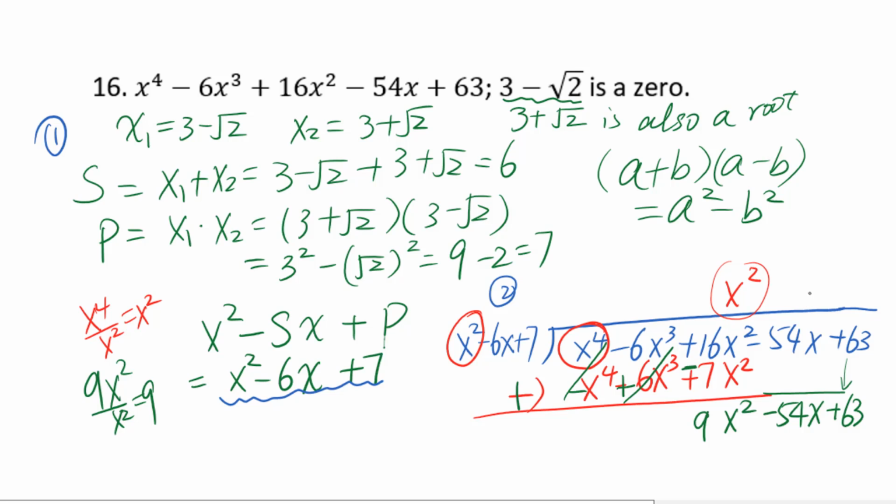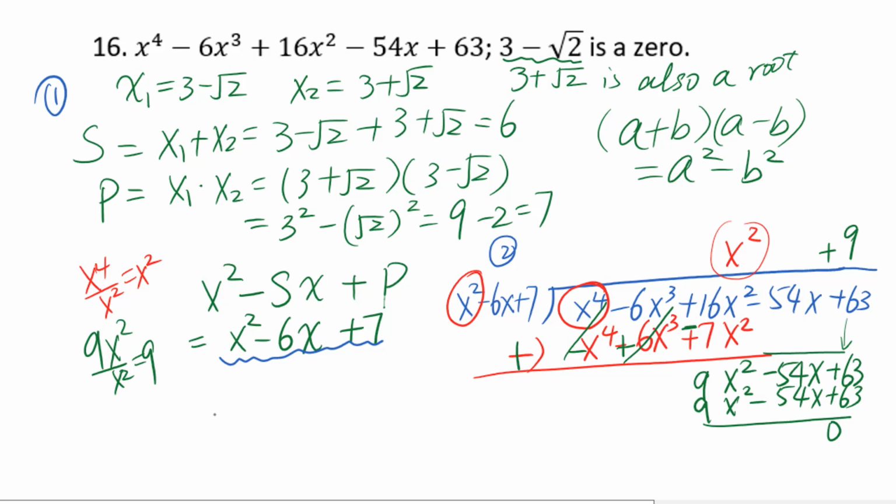So we add 9. You will get 9x squared minus 54x plus 63. That equals 0. We already got the factors. That will be x squared plus 9 times x squared minus 6x plus 7.